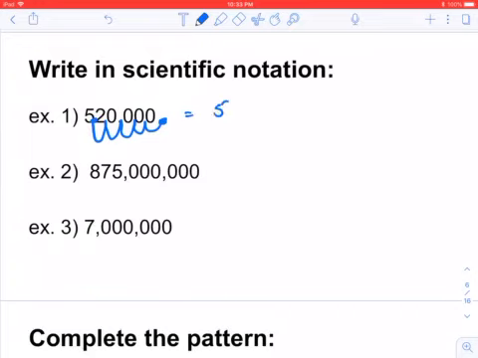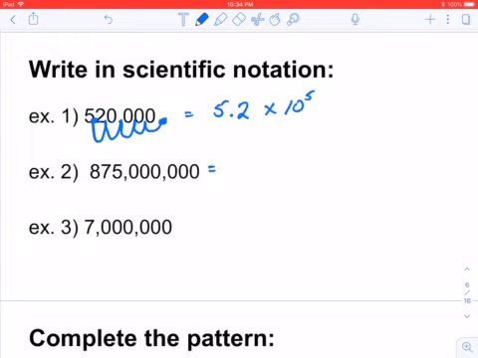So this is equal to 5.2 times 10 to the, we moved over 5 places, times 10 to the fifth. So what it's basically saying is it's 5.2 times 100,000, because that's what 10 to the fifth is. So this is a simpler way of writing large numbers so that scientists can use them more easily.